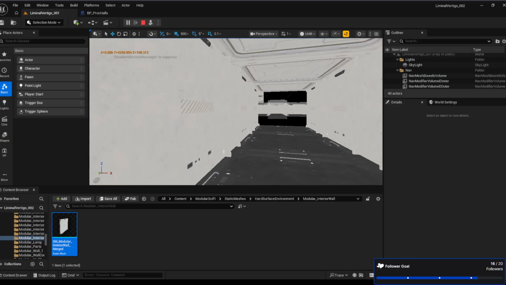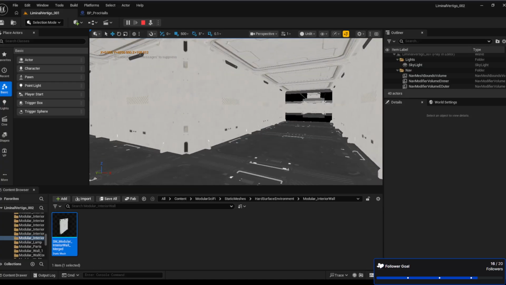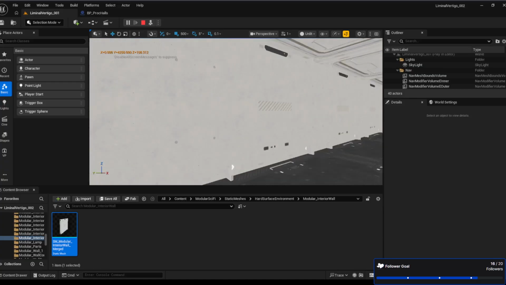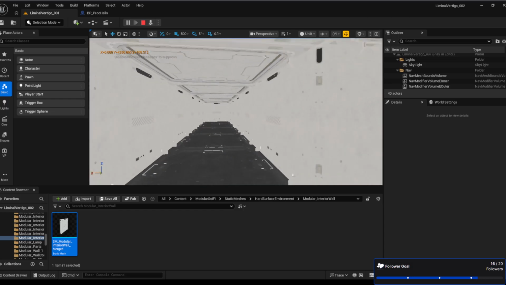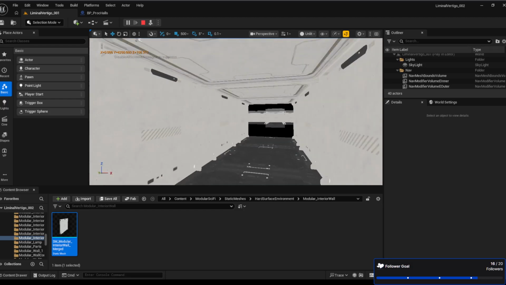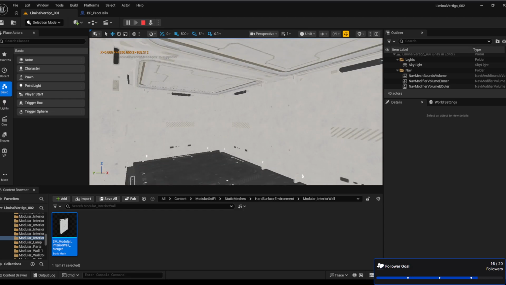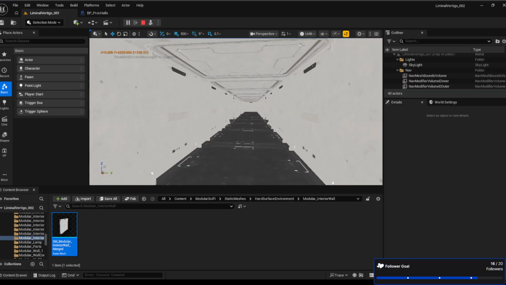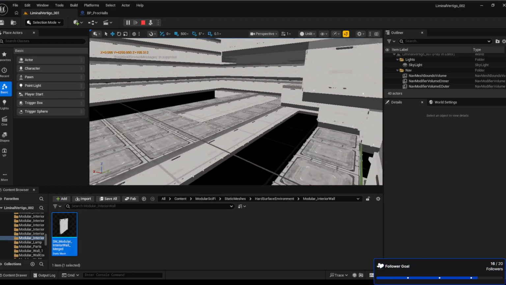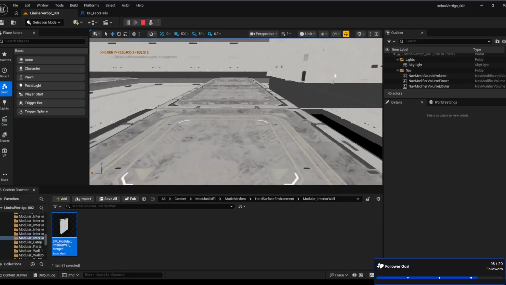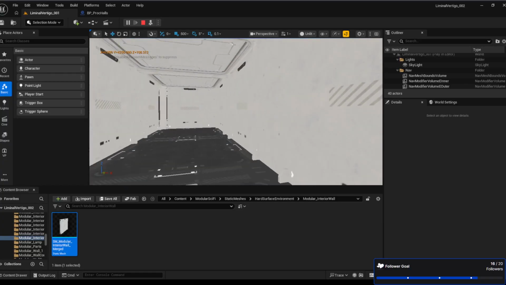This one blocks that one. This one should be blocked. Yeah, okay. It's right.